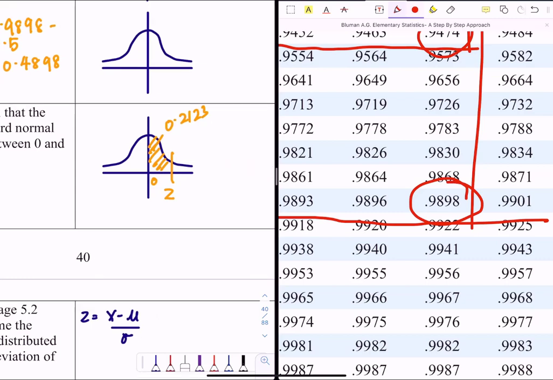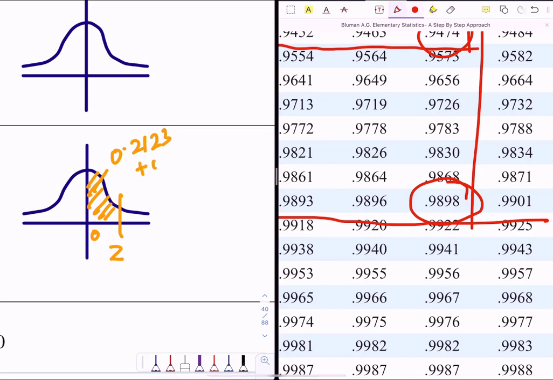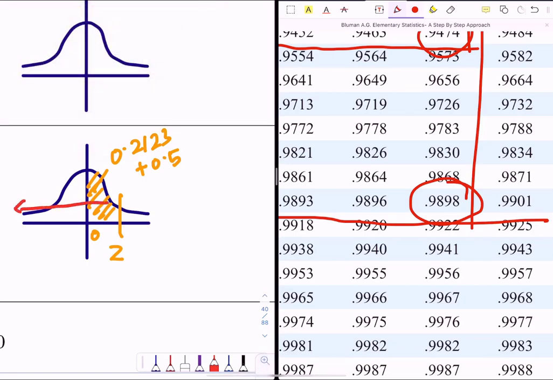To find the Z value is very easy. You just add 0.5 so that you get the whole area up until the left. So we get 0.7123.